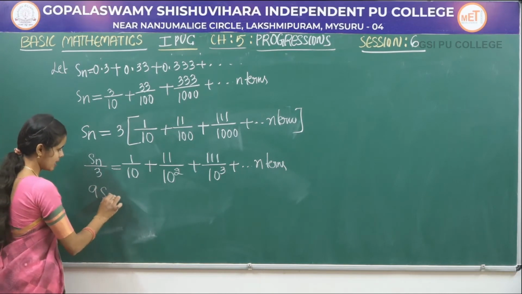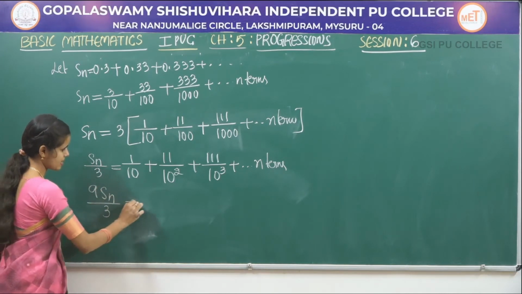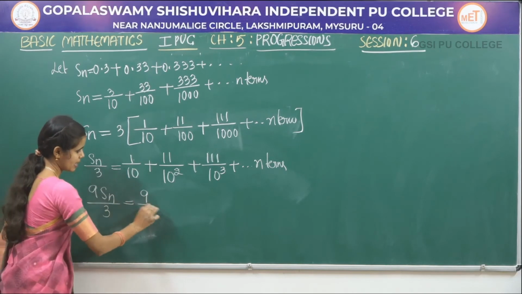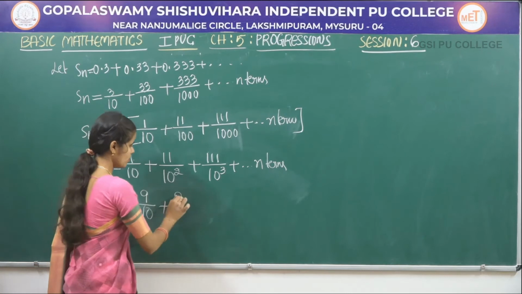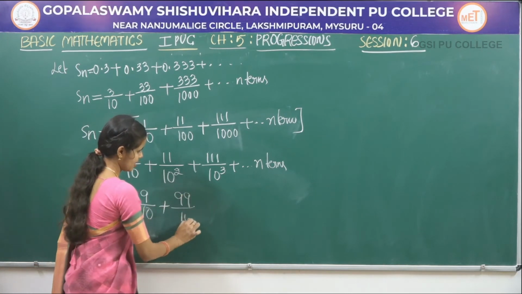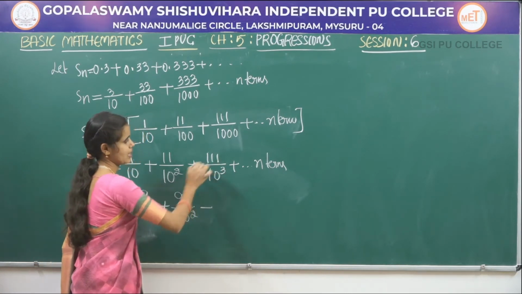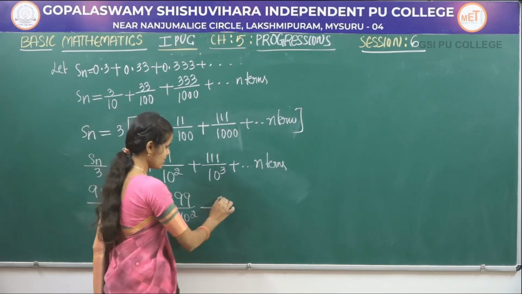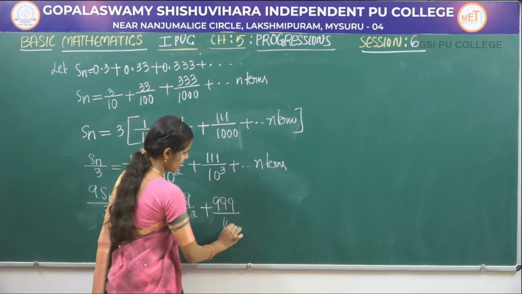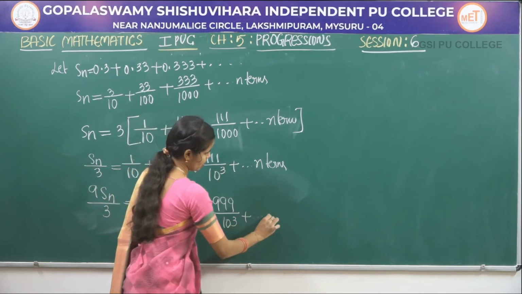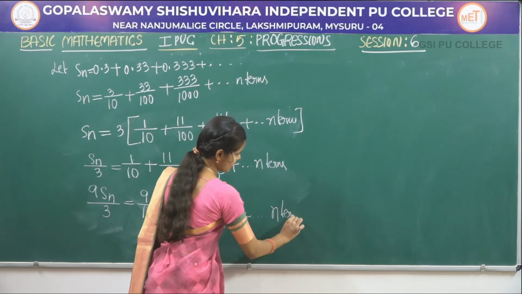So we get 9Sn divided by 3 is equal to 9 by 10 plus 99 by 10 square plus 999 divided by 10 cube up to n terms.